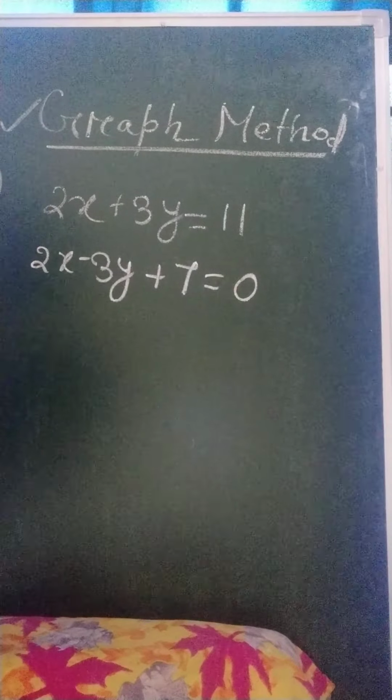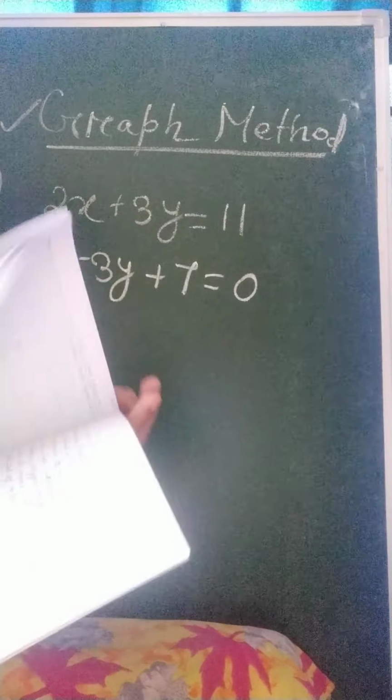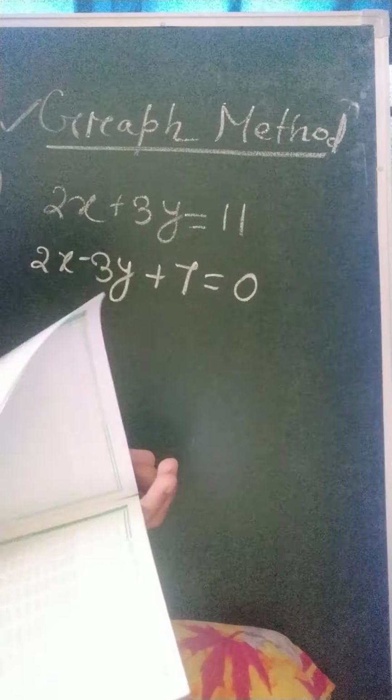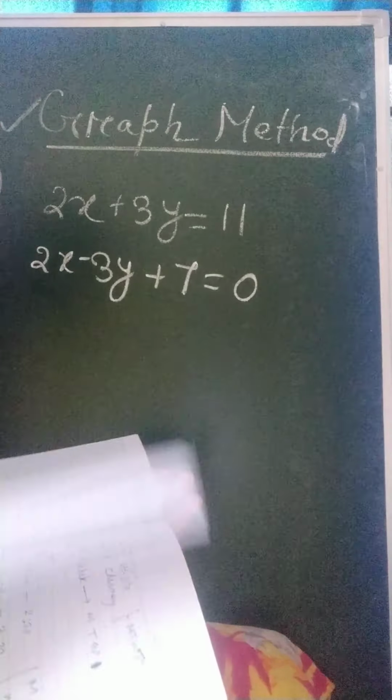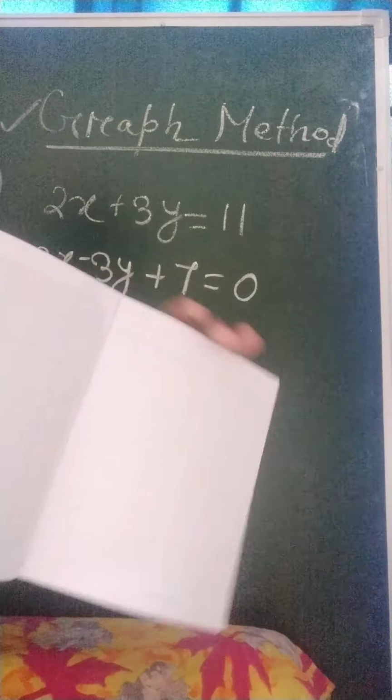So students, I am showing you a graph copy here to show how to find the solution set of these types of linear equations with the help of a graph. I hope this graph page is properly visible to you. Look at here, this is the graph copy, as you have already seen and done in some of the problems. This type of lined page is also there in the graph copy.